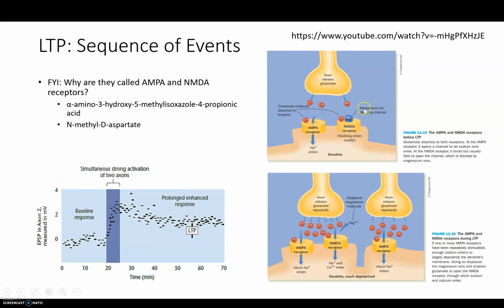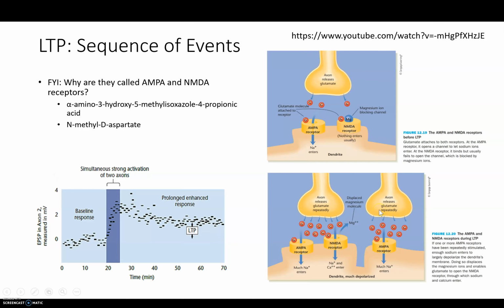However, there is a big magnesium ion that's sitting here in the pore, and it's blocking the channel. Magnesium is an ion we haven't really discussed yet, but it is a positively charged ion. It's a 2+ charge. So if there's a minimal amount of activity in this neuron and glutamate's just being released, the only receptor that's going to open and allow ions to flow through is the AMPA receptor.